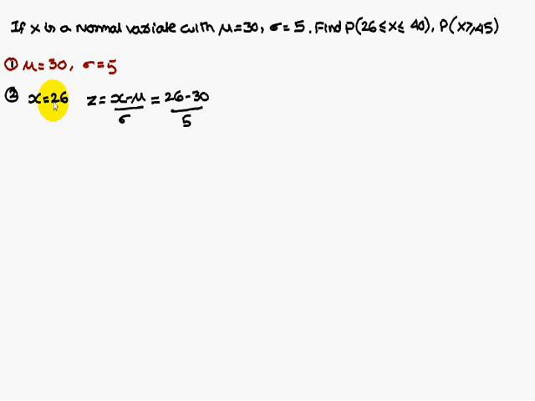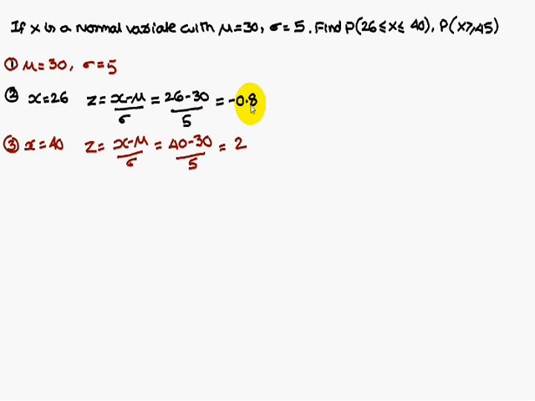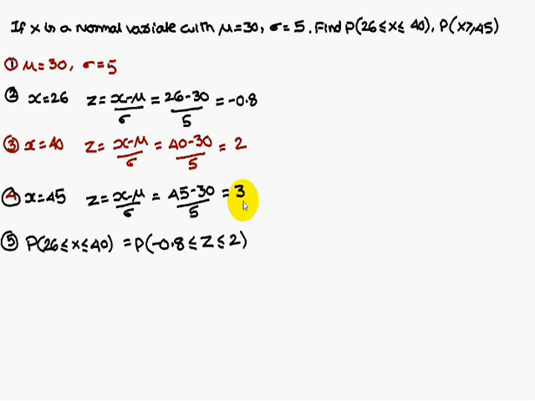Now for x = 26, z = (x − μ)/σ = (26 − 30)/5, that is nothing but −0.8. Similarly, for x = 40, the z value becomes 2. For x = 45, the z value becomes 3.